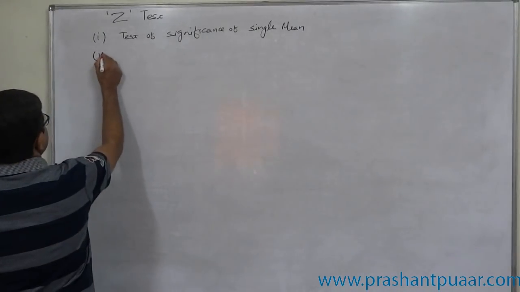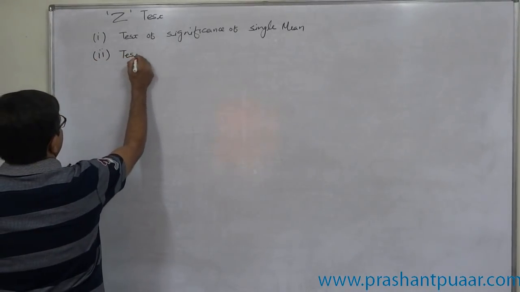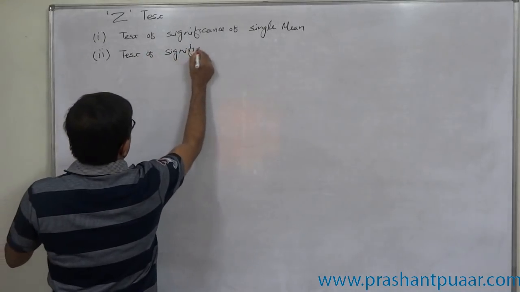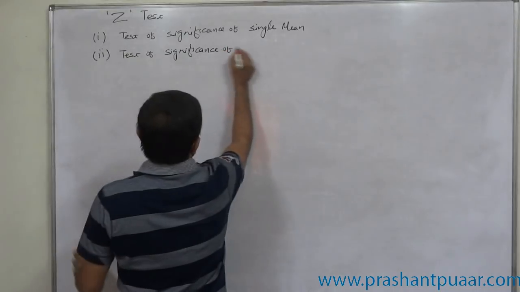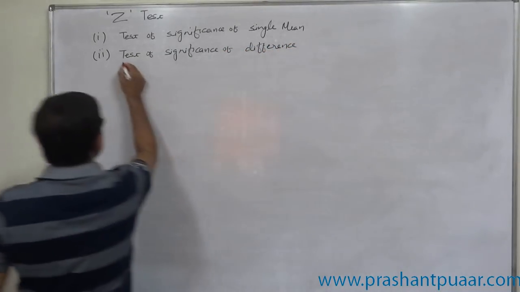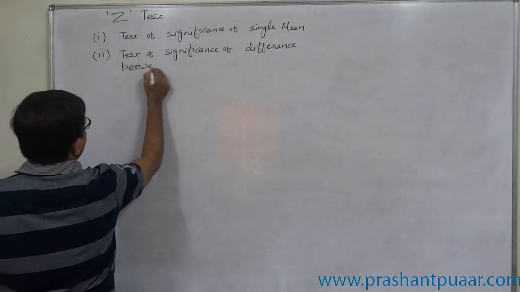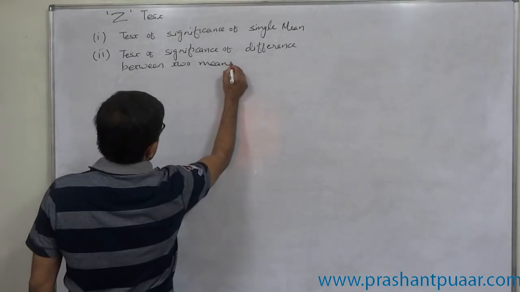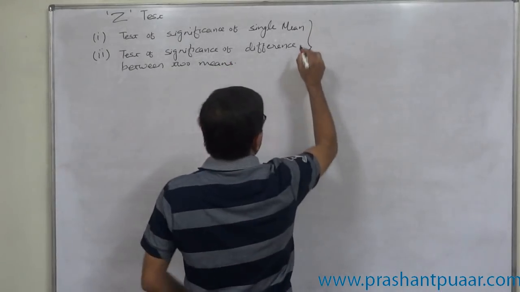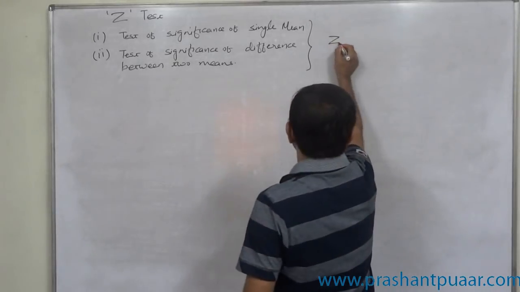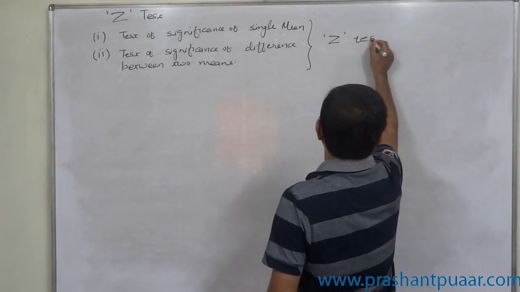And number 2 is the test of significance of difference between two means. Both of these tests are actually common in Z-test as well as T-test.